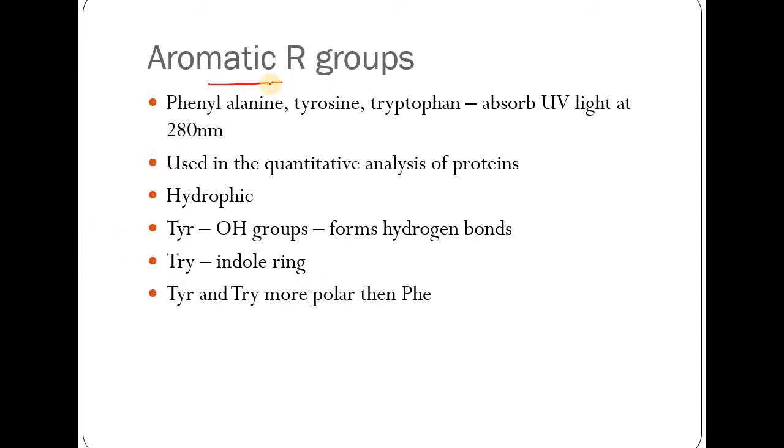The second group of amino acids is the aromatic R groups. Here we have three amino acids: phenylalanine, tyrosine, and tryptophan. One important property of these amino acids is the ability to absorb UV light at a wavelength of 280 nanometers. We have already discussed in practicals the property of chromophores, the UV spectrophotometer, how they absorb light, and scanning for wavelength.